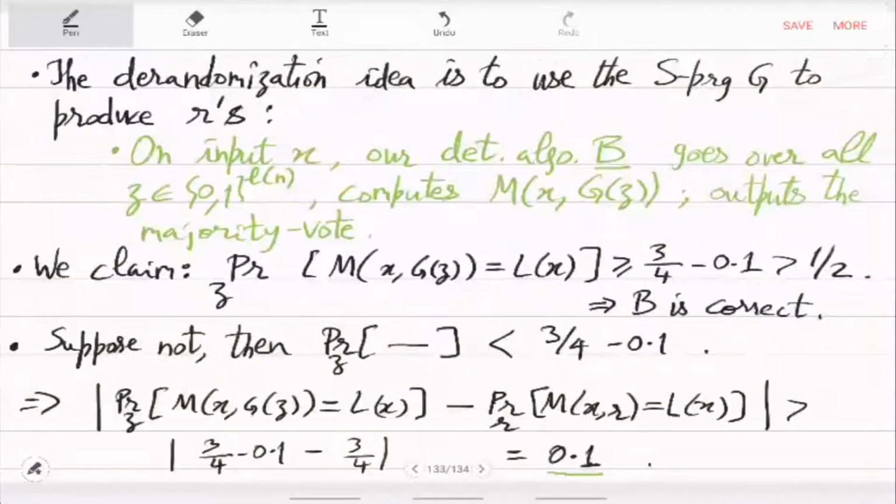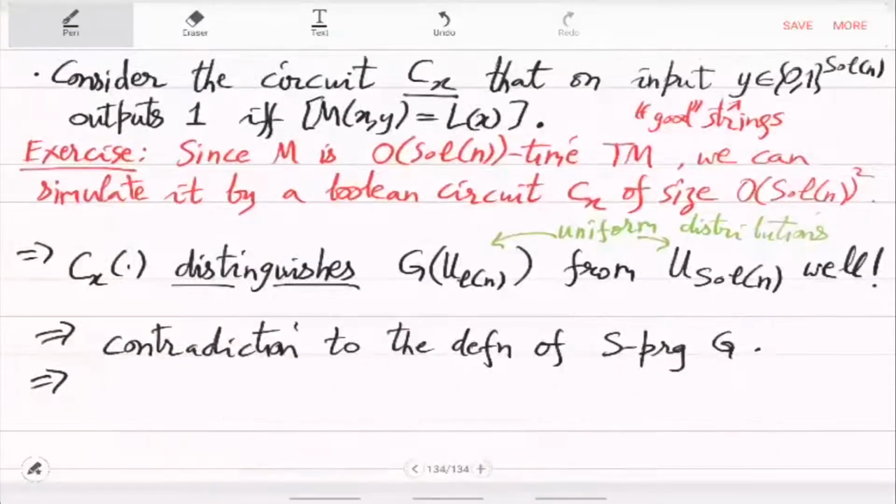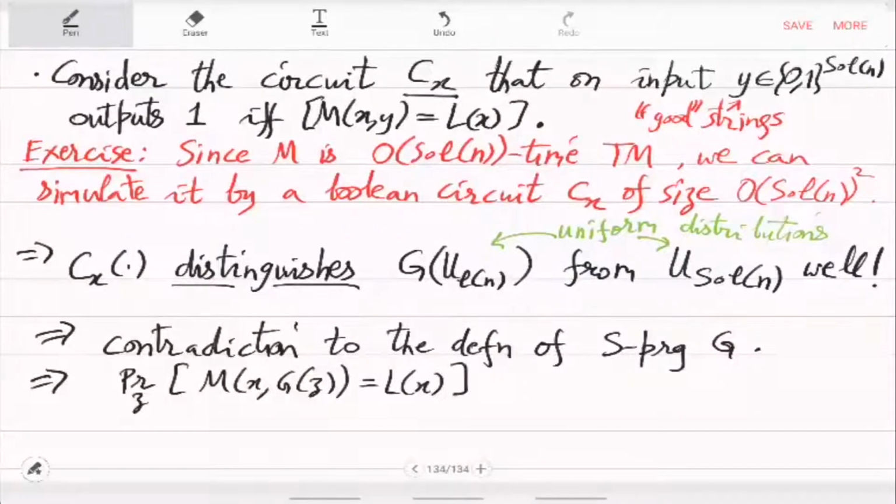So, it is as shown before more than half, okay, as claimed before. This implies that the probability over Z of M x G Z being Lx is greater than half, which means that majority vote works, which means that B is correct. B solves L correctly.